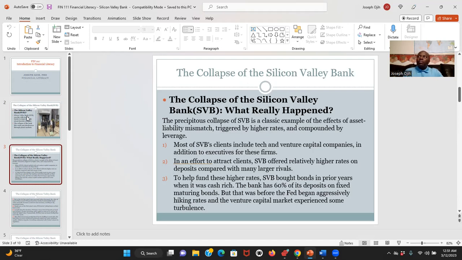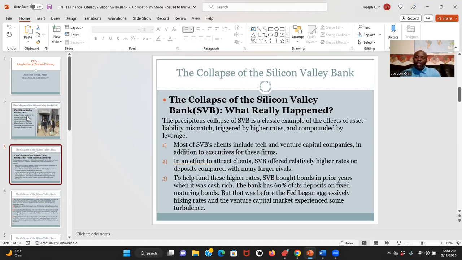Remember that because of the high inflation we experienced after COVID-19, stimulus payments, and of course high gas prices, all these things caused the inflation rate and the consumer price index to go up.